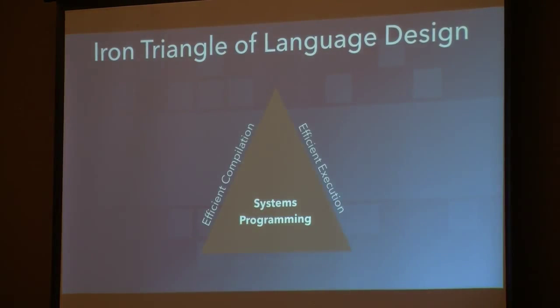Basically, there's this idea, you kind of make up this iron triangle analogy that I can't get efficient compilation and efficient execution and ease of programming all in the same spot. And again, focused on systems programming, it's kind of funny hearing these guys talk like what we think of as web server programming, which used to be called server programming, used to be called systems programming. Not thinking about writing fancy web apps.